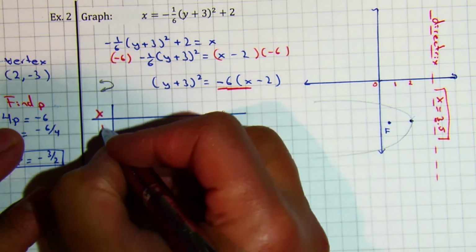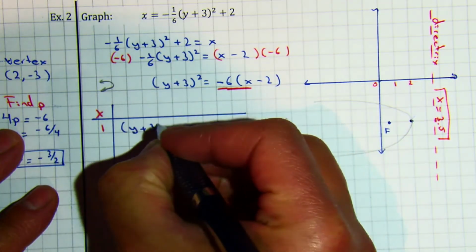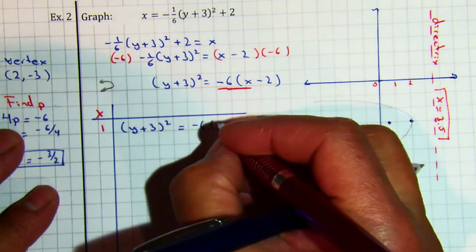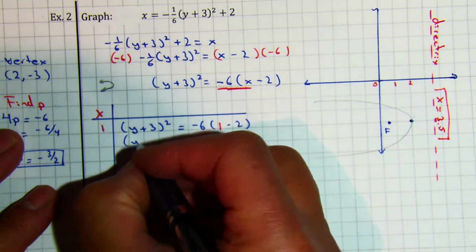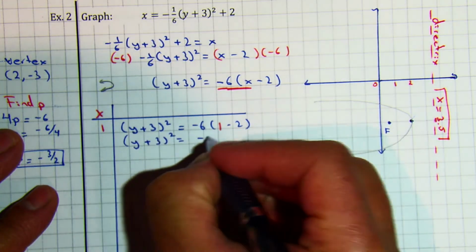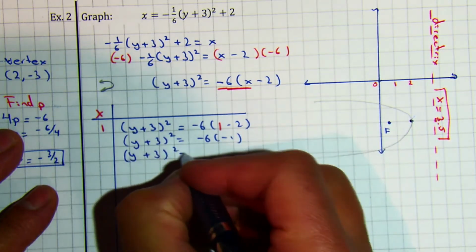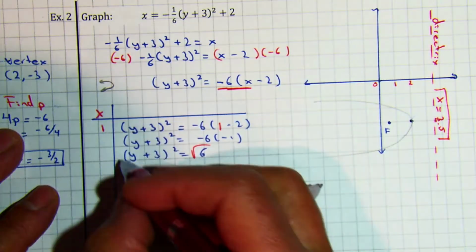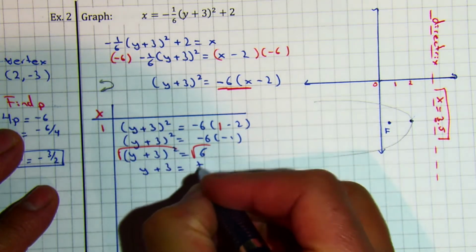So let's plug in a 1 into the equation. We have y plus 3 squared equals negative 6 times x minus 2. For x, I'm going to plug in a 1: negative 6 times negative 1, so y plus 3 squared equals 6. I'm going to take the square root on both sides. y plus 3 equals plus or minus the square root of 6.